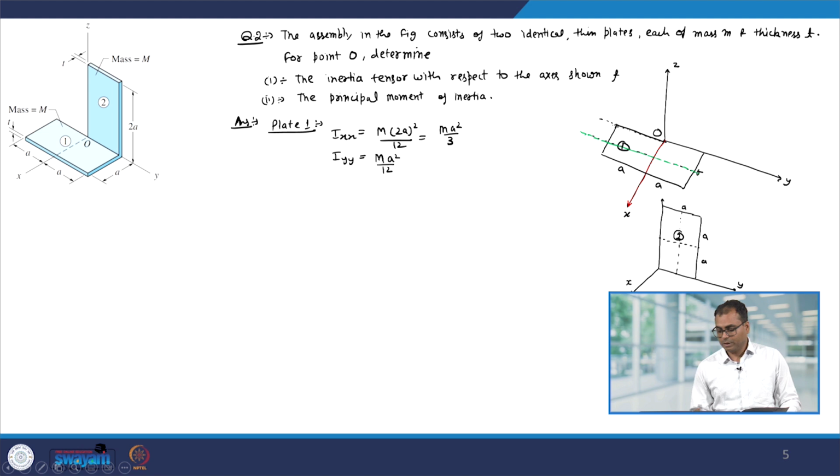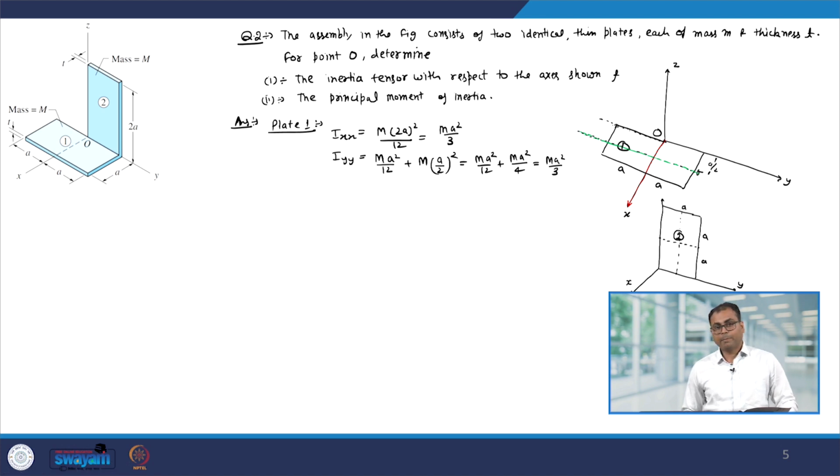This is the moment of inertia of plate 1 about the axis which I have drawn by the green dashed line, plus m into h squared. h is a by 2 because we want to calculate about the y axis. So, therefore, m (a/2)², and that is equal to ma² divided by 12 plus ma² divided by 4, which is equal to ma² divided by 3.